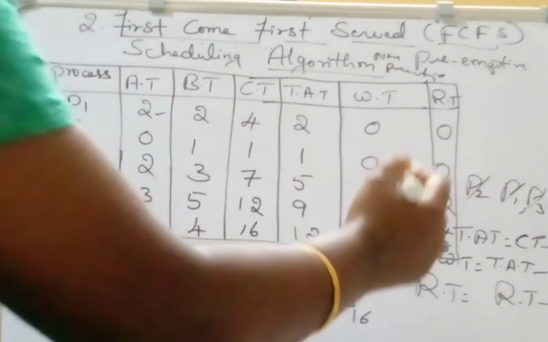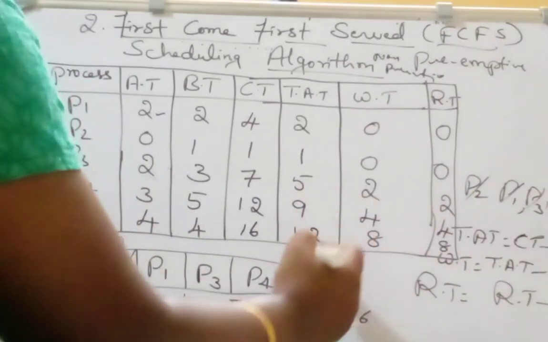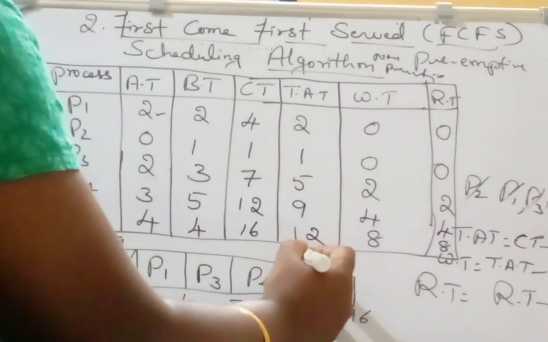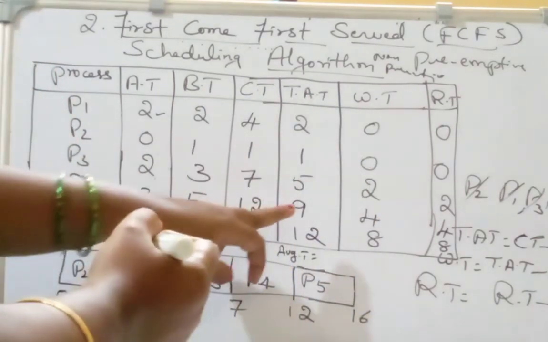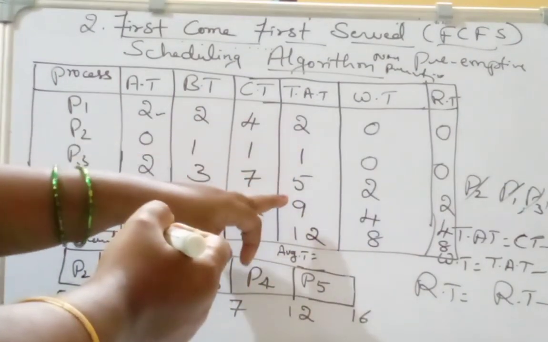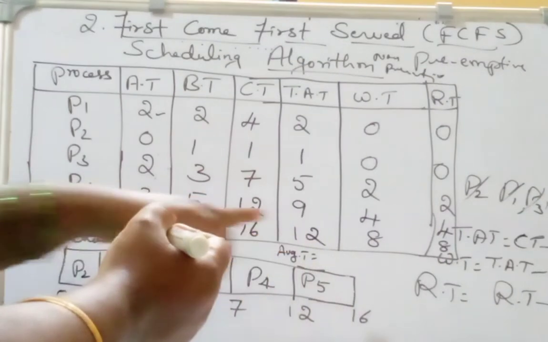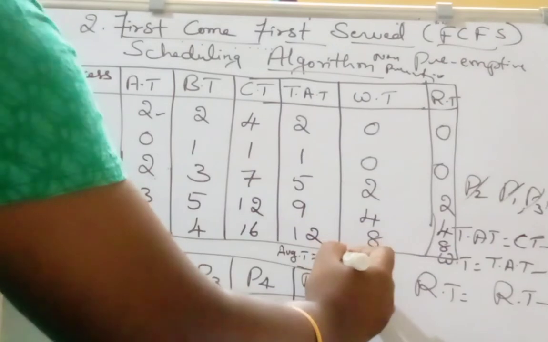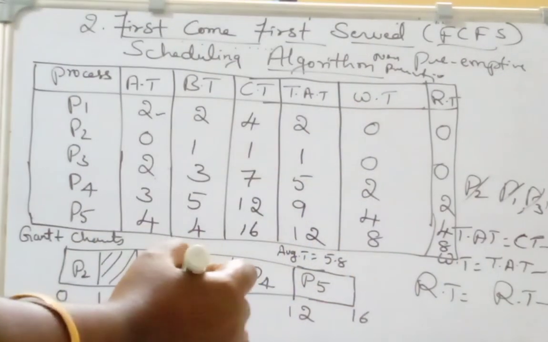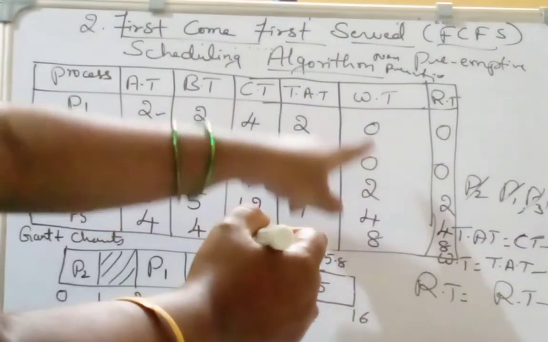Then what is the average turnaround time? Average turnaround time is equal to 2 plus 1 plus 5 plus 9 plus 12 divided by 5, so you will get around 5.8 as the answer. And what is the average waiting time?